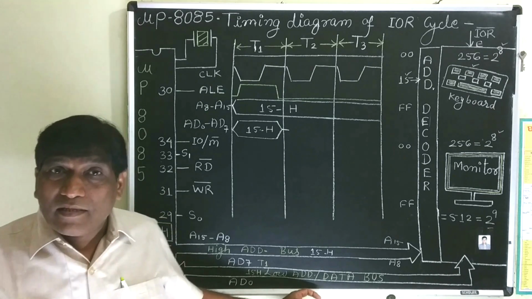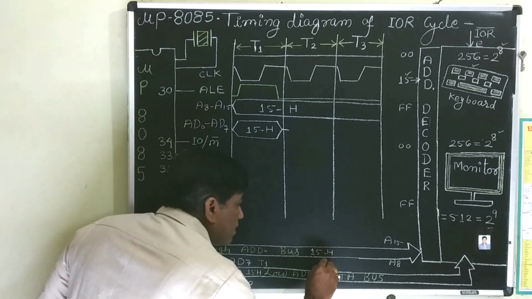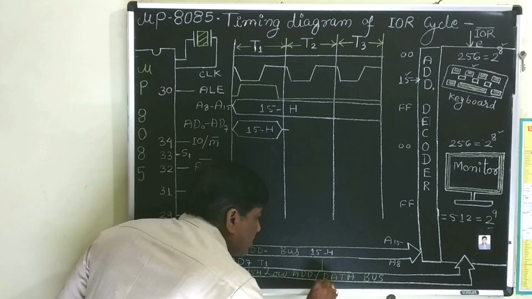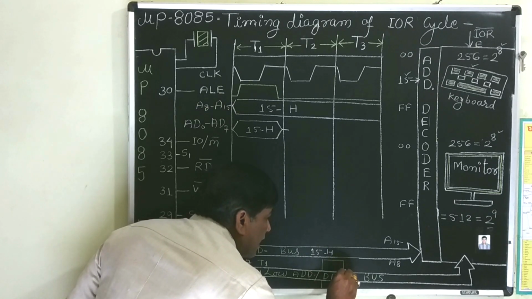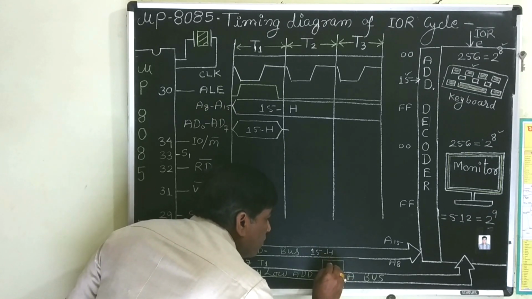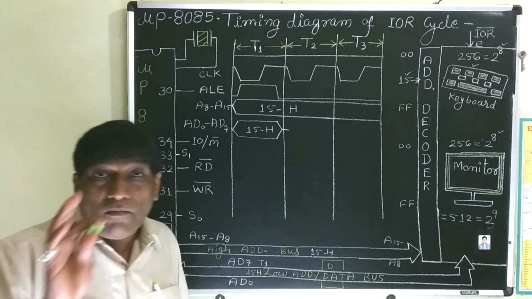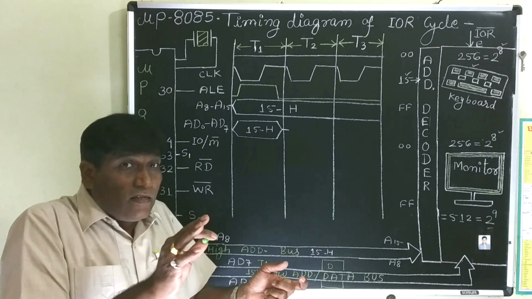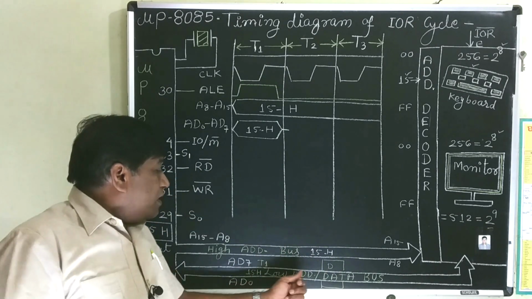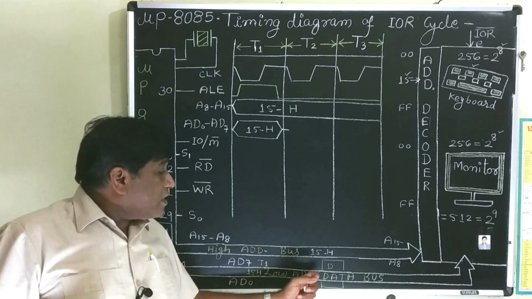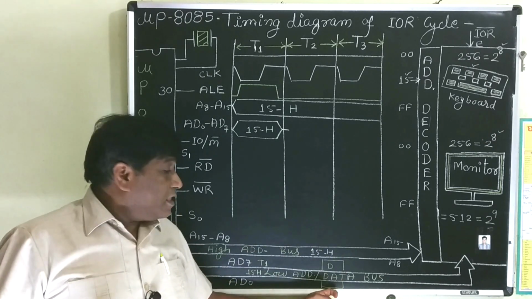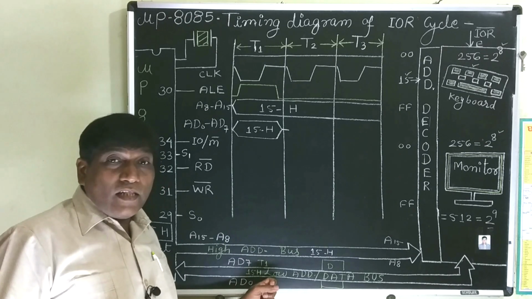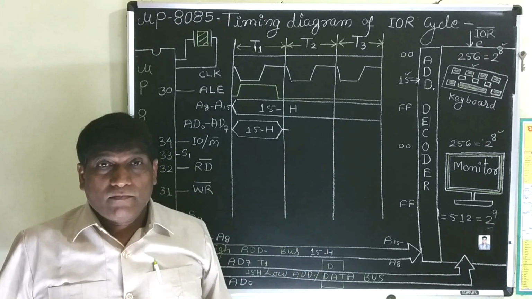These lower order buses are already equipped with a device which is known as latch. What will it do? Latch is a flip-flop. It will hold the address. Whenever this address at T1 time is given, it will hold this address. It will keep this address 15H for the full time.